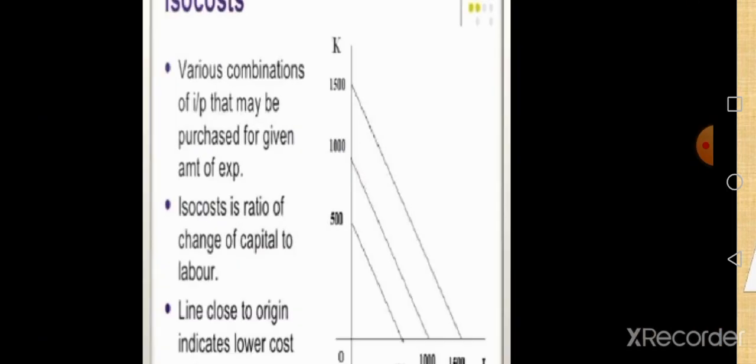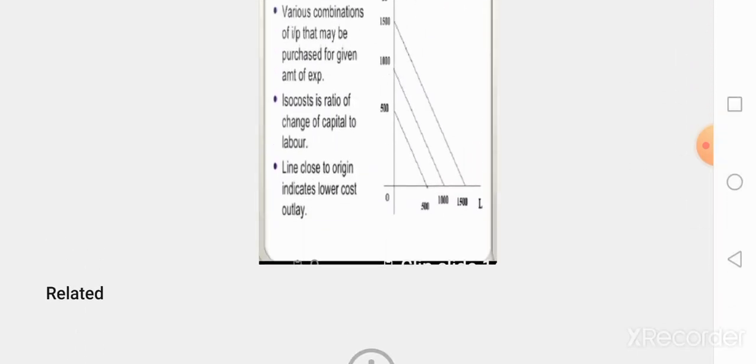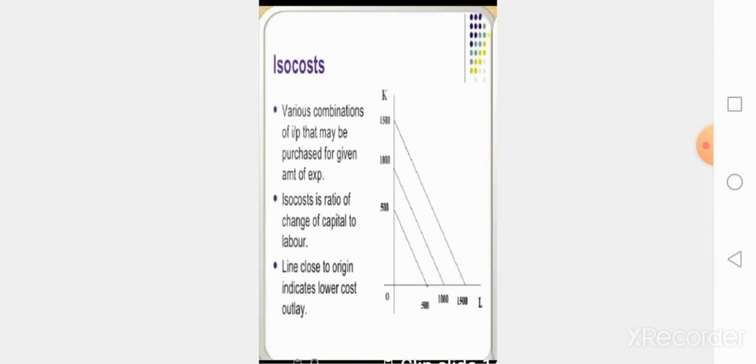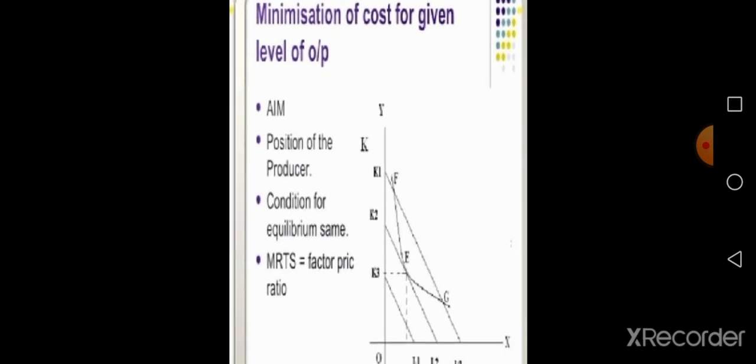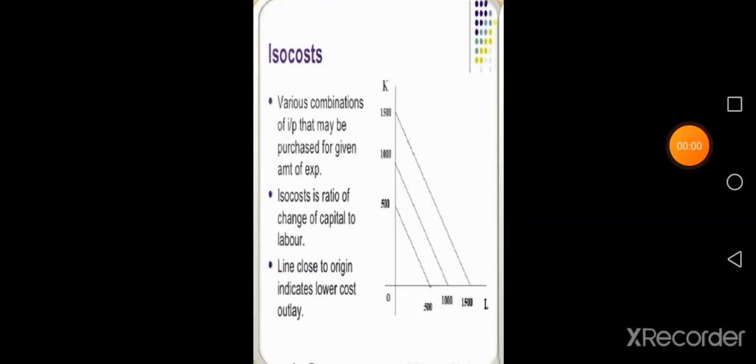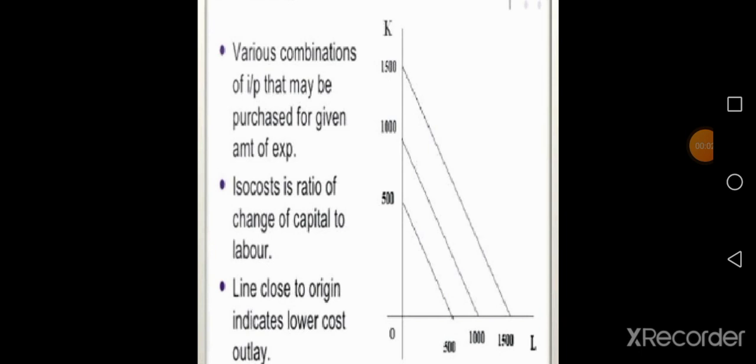If you observe this isocost curve, taking labor on the x-axis and capital on the y-axis, this is the combination.